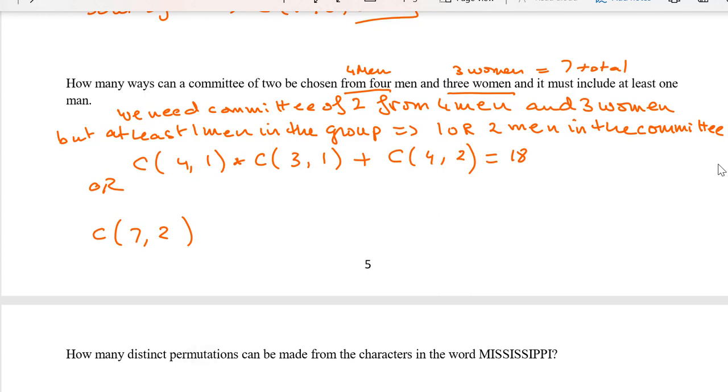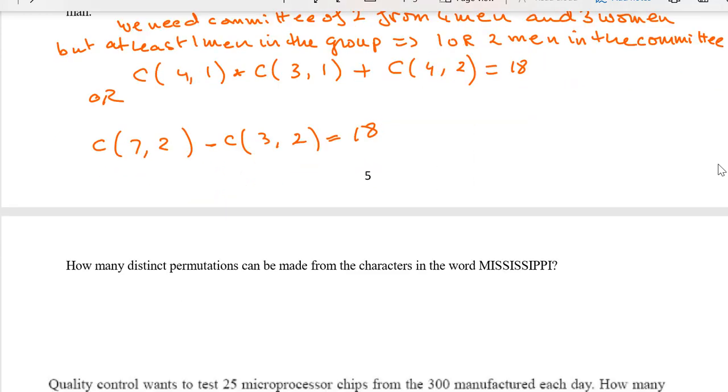And then we subtract the groups with 2 women, because we need at least 1 man. That means we have to remove the groups with 2 women, or no man, which is 2 out of 3, and that also gives me 18. So here we have 2 different ways to solve the same problem.